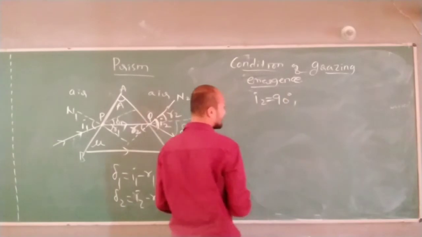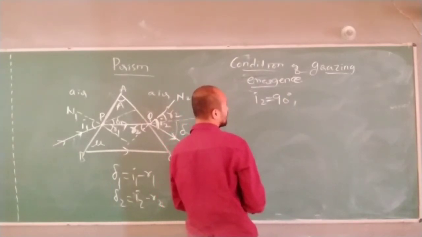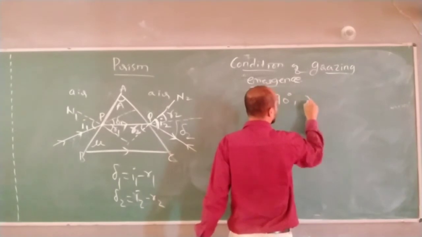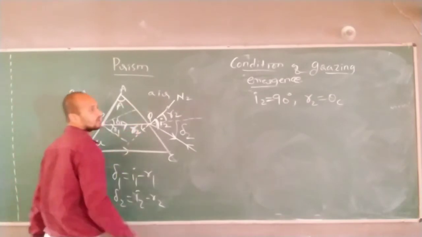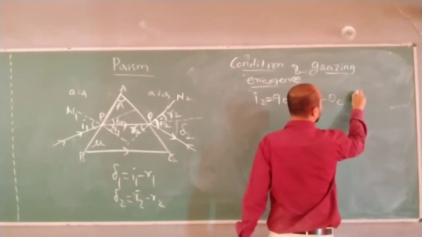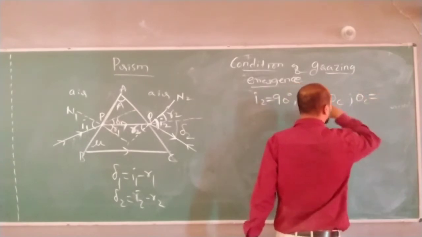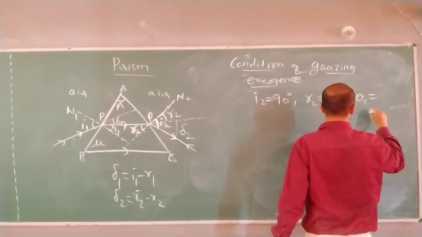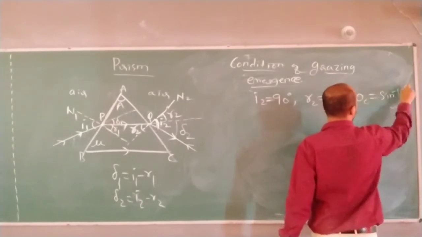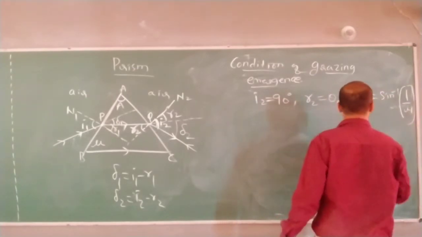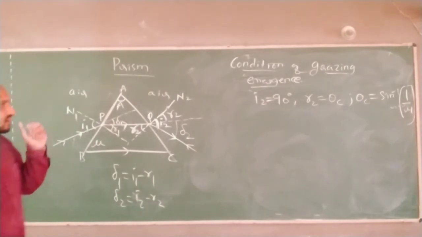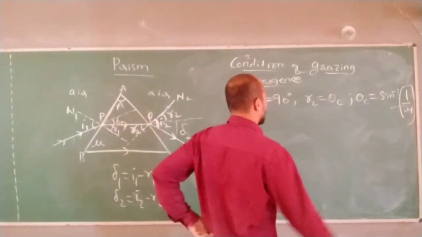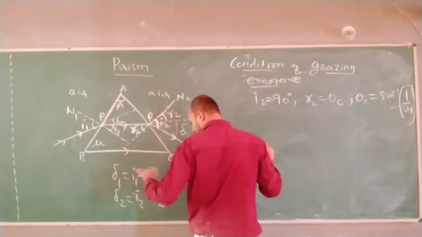If I2 becomes 90 degree, what are the equations you can find? R2 will become theta C. If this becomes 90 degree, R2 becomes theta C, where theta C is sine inverse of 1 by mu.